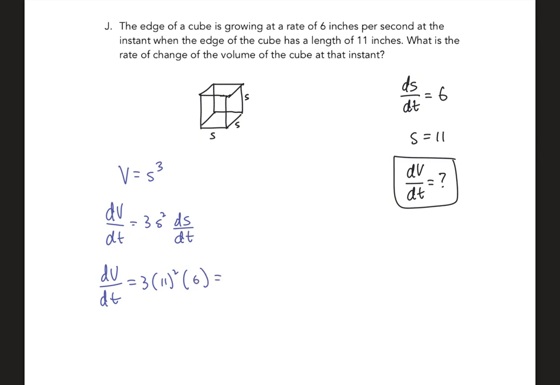So that's 18 times 121. And that's 2178. So dV/dt is 2178. And then that's V over T, so that's cubic inches over seconds. So nice little simple one to finish it off.